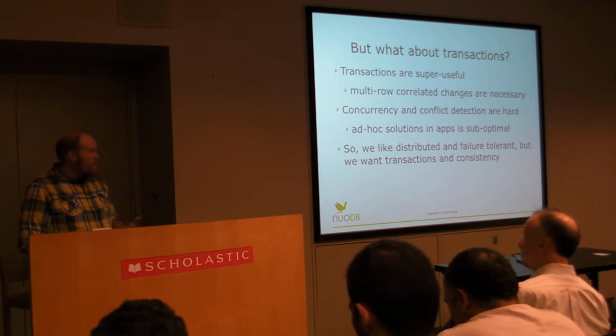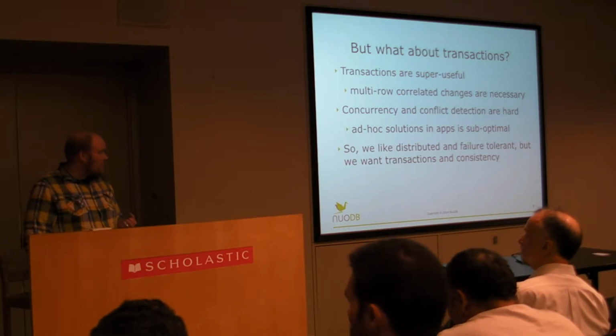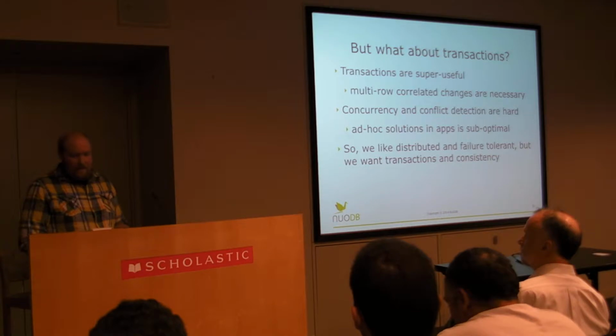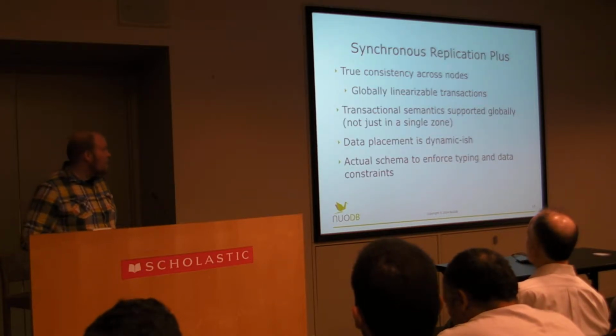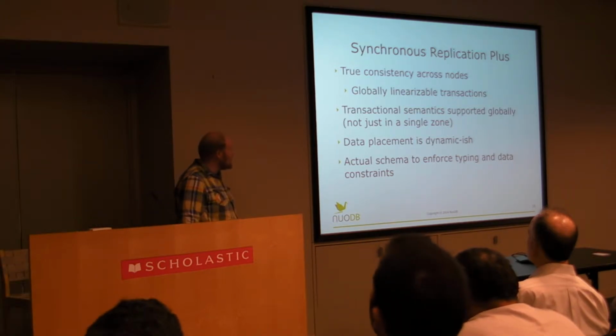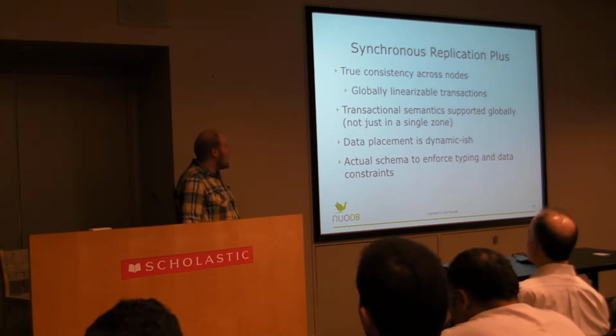So we want distributed databases for all of the reasons in the first slide, and we want failure tolerance, because having non-failure-tolerant distributed databases is insane. But we also want transactions, because we want consistency. So the synchronous replication system, Spanner, actually does bring back true consistency.